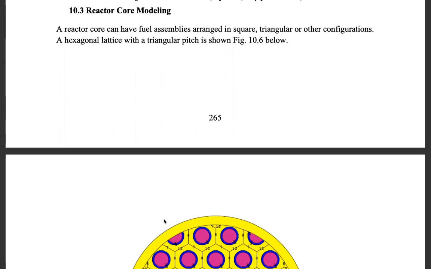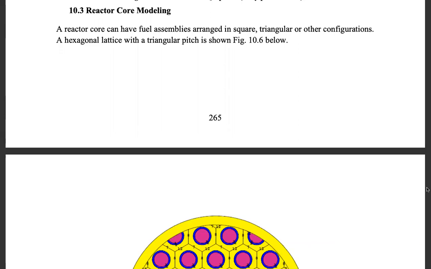So cylindrical fuel elements about the height of a person, about 6 feet, and about 1 centimeter in diameter. So lots and lots of them. In one assembly, you've got 17 by 17 square. And so now we've got to model these.